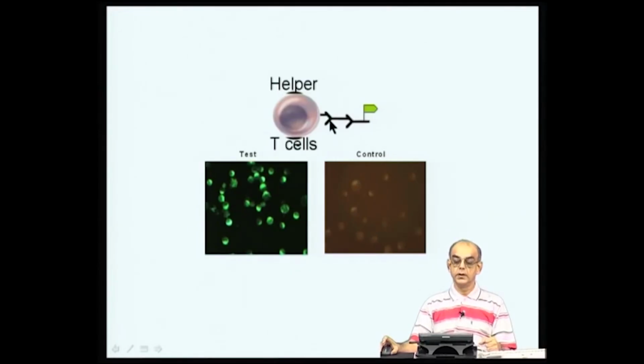For example, if this is an anti-CD4 immunoglobulin that has been raised in a different species, for example mouse, and this is a human CD4 molecule on a human helper T cell, you can use a secondary antibody that is directed against this mouse anti-CD4, which is fluorophore coupled.